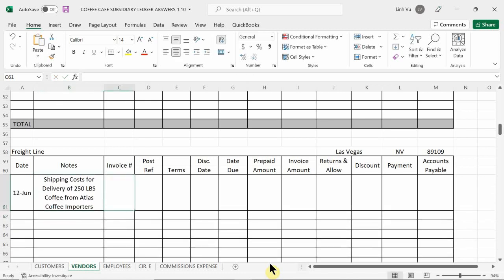So the invoice was the 482, right? Post reference, we did this in general journal number 4.